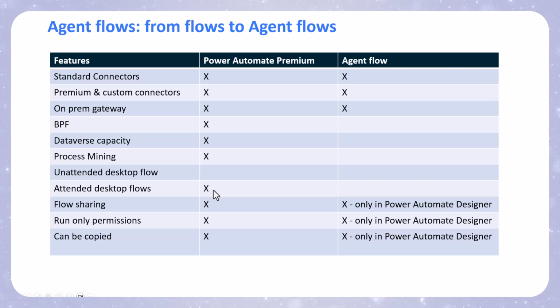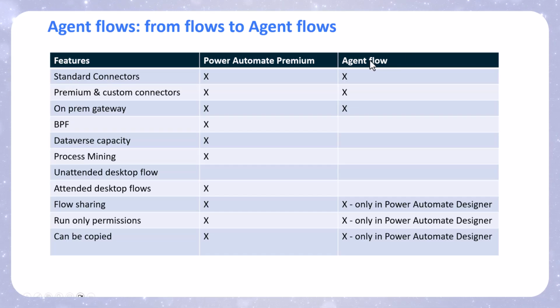Now, if we compare features from a Power Automate flow and an agent flow, this is Power Automate Premium. You see, in Power Automate Premium there are standard connectors, same in agent flow. Premium and custom connectors can be used in Power Automate Premium, but also in agent flow. So you don't need a Power Automate Premium license to use premium features in agent flow.